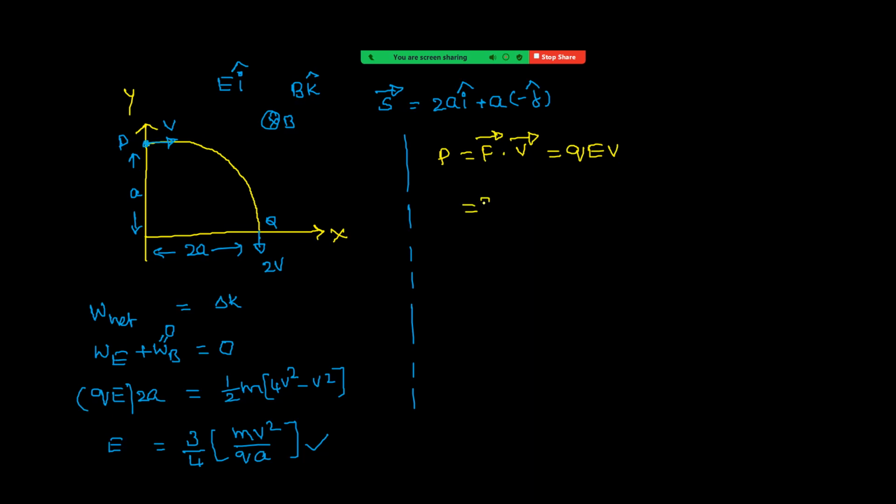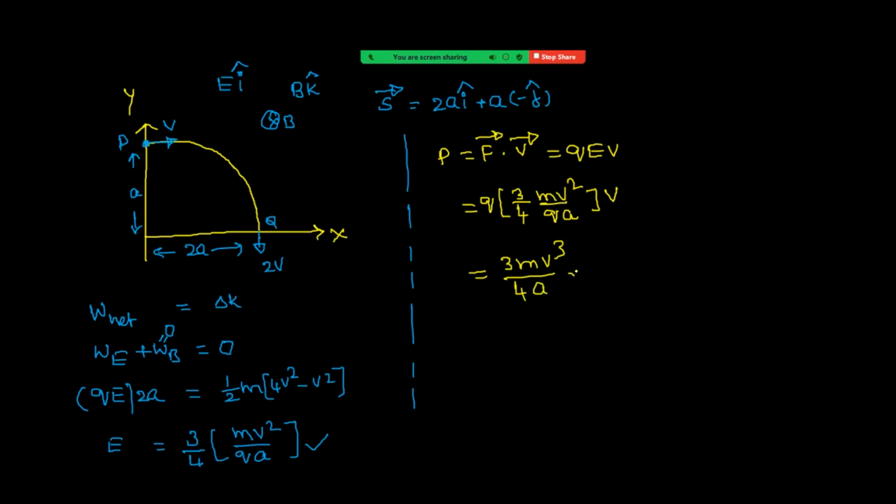Force is now Q into E, into velocity, right? In the place of E, the value we got here, 3 by 4 mv square by qa, into v. Q gets cancelled. 3 mv cube upon 4a, right?